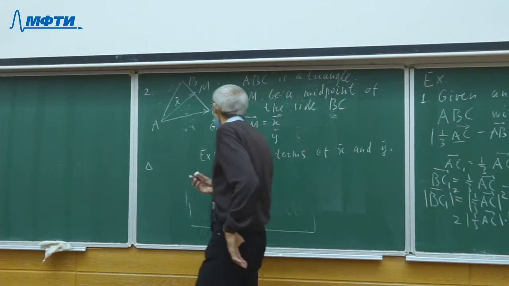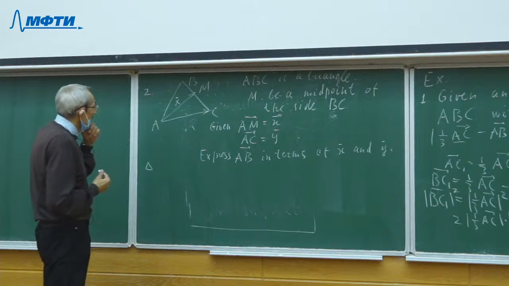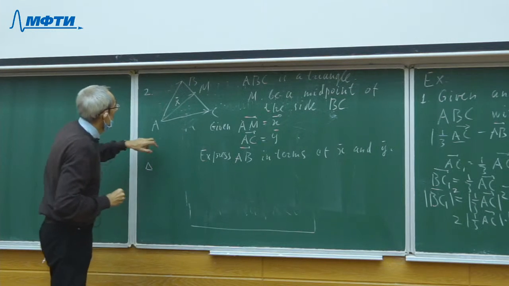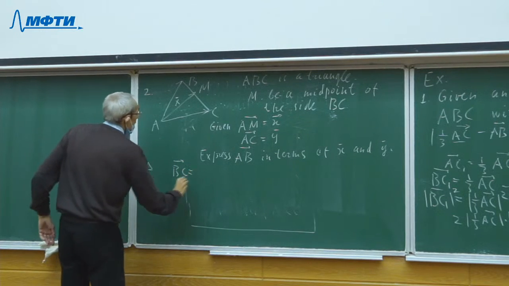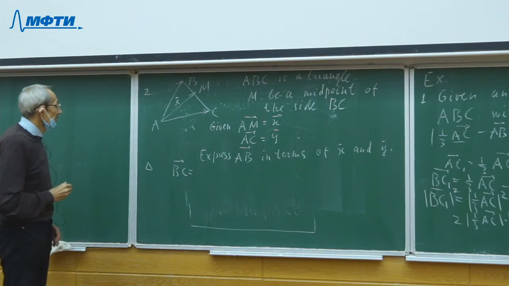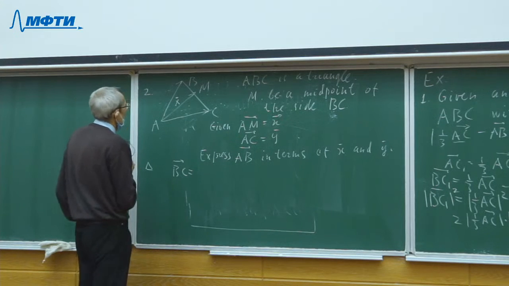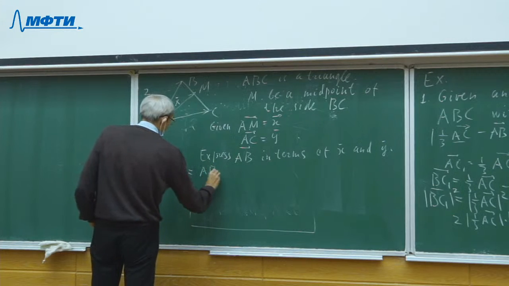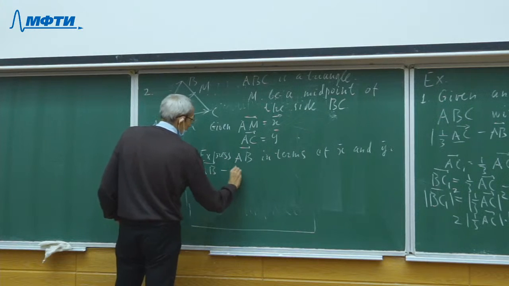We can see that the vector, for example, vector BC is equal to the difference of vectors AB and AC, that is, AB minus AC.